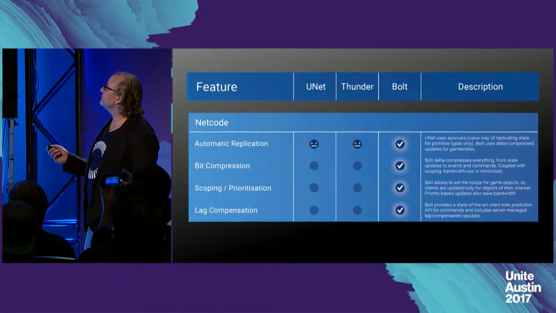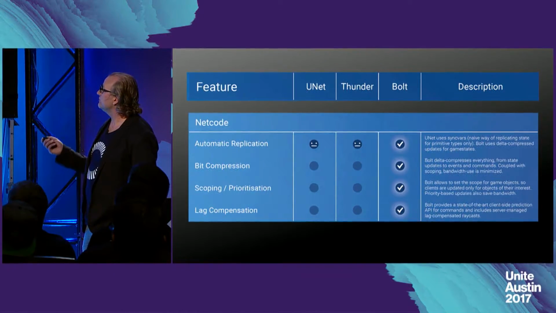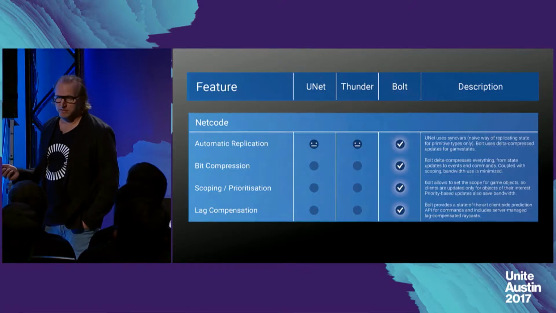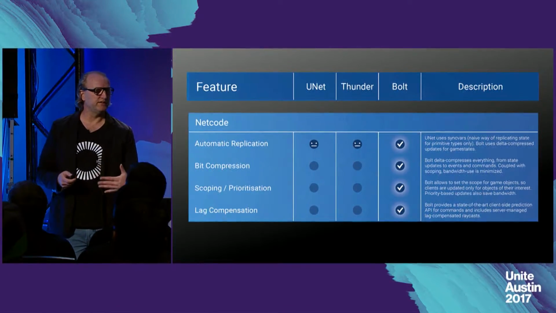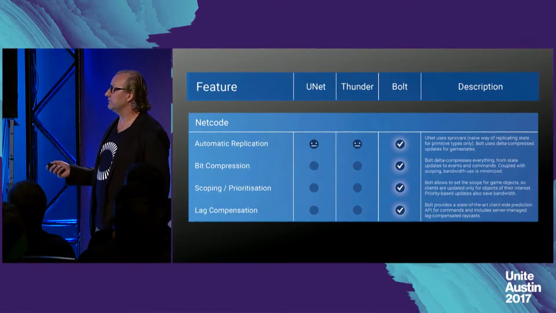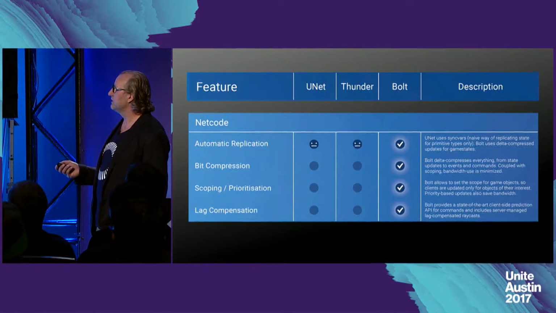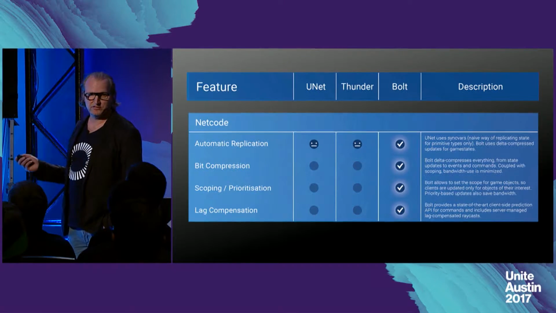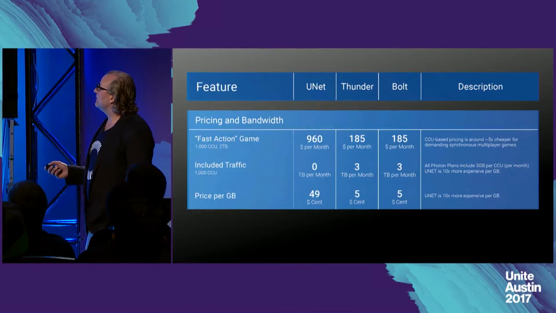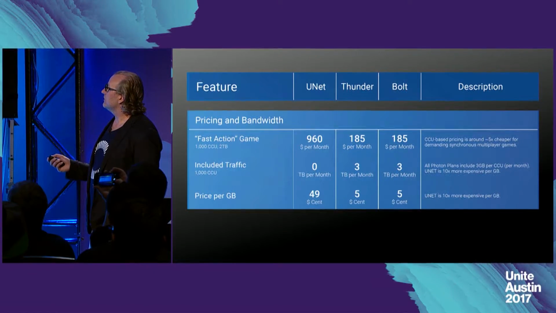Here is where we put a lot of effort into bold: the net code, basically the code doing the actual multiplayer, with automatic replication and bit compression and scoping and lag compensation and stuff like that. And of course, not unimportant is the cost.